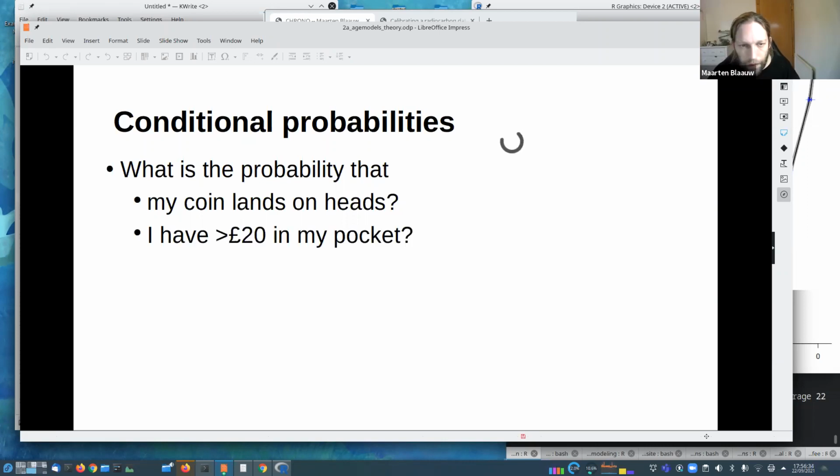Okay. What is the probability that I have over 20 pounds in my pocket? How likely is that? Anyone, you can speak out. How much is 20 pounds more or less in dollars? About $30.